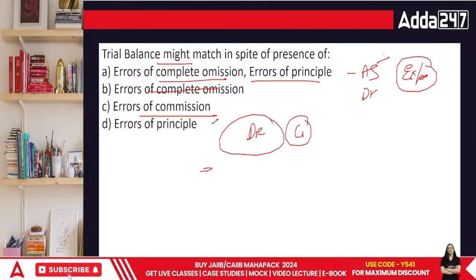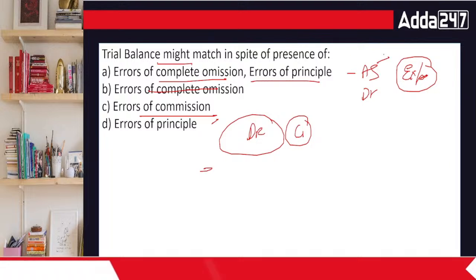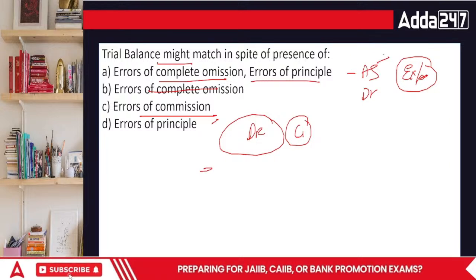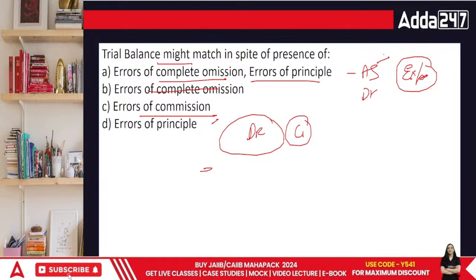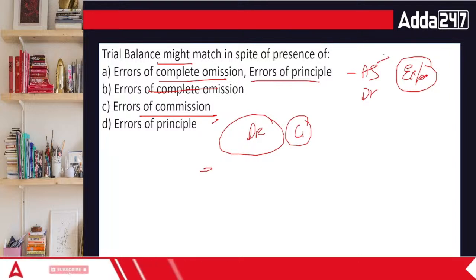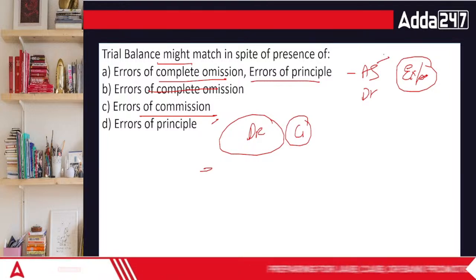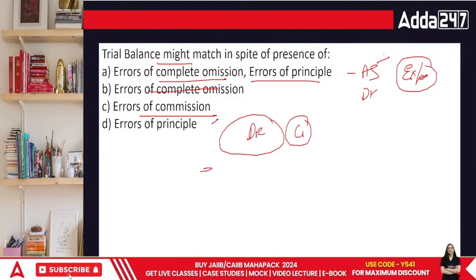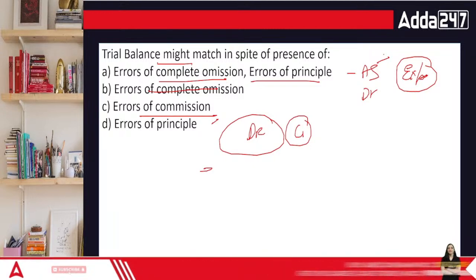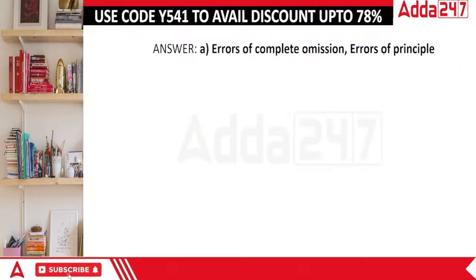We might purchase something now. So in this case, the answer would be error of principal as well. So we have got error of complete omission and error of principal, which remain the same even if there's an error. The trial balance cannot detect these two errors at all.